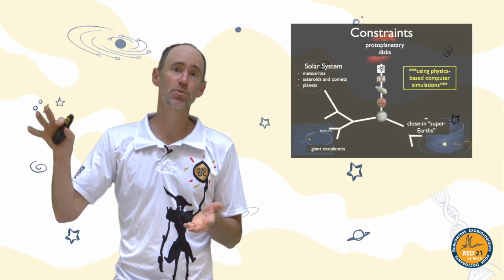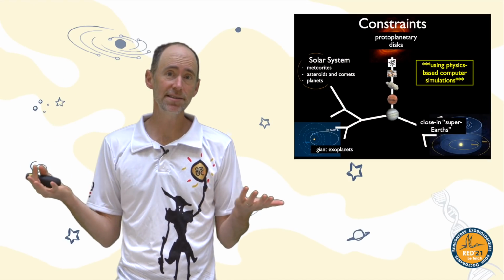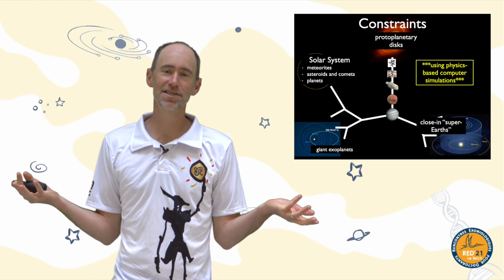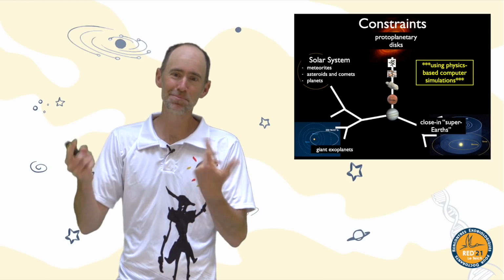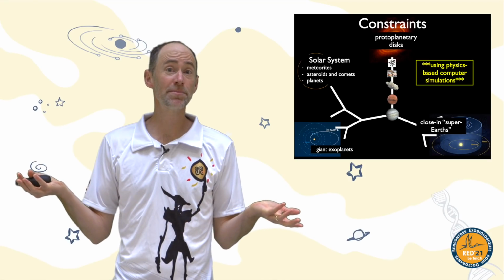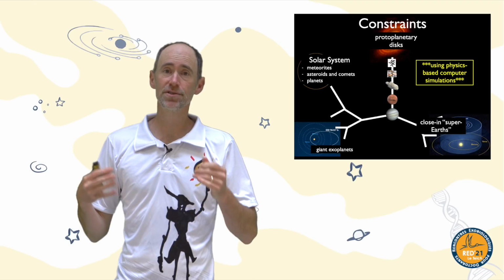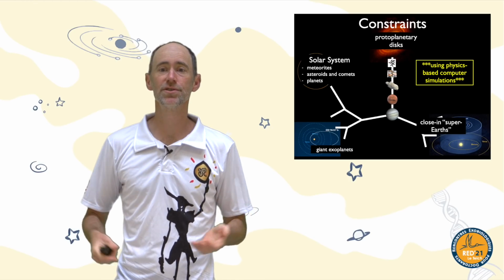And we think that, when we look at disks around other stars, we may be seeing that in many cases. But it takes so long that we can't wait a million years to see what happens. We got to speed it up a little bit. And that's where computer simulations come in. And so for a lot of these processes, the tool that we use to study them is computer simulations.